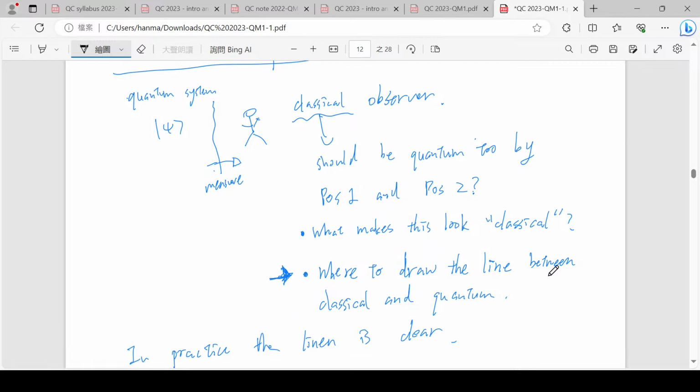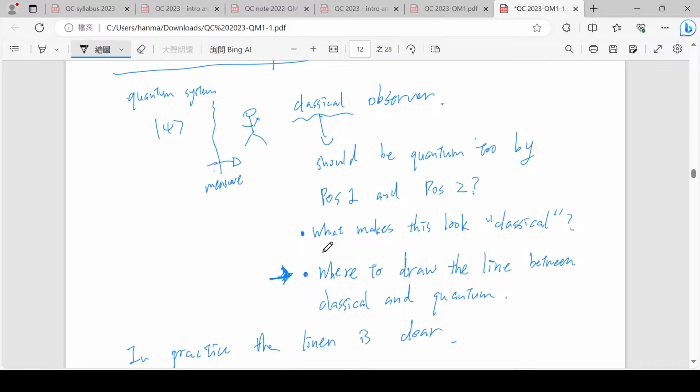And yeah, so there are actually multiple problems here. So the first problem is why do you look classical? Why don't you feel superposition everywhere? And this problem actually has some explanation, and there are ways to make this rigorous, to say why the system behaves classically in this macroscopic world.